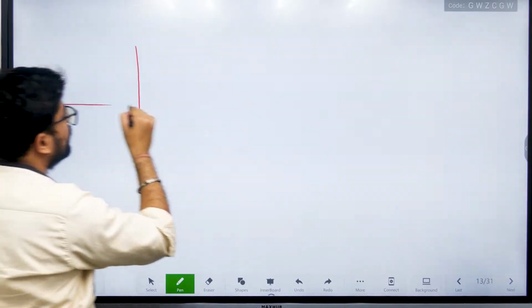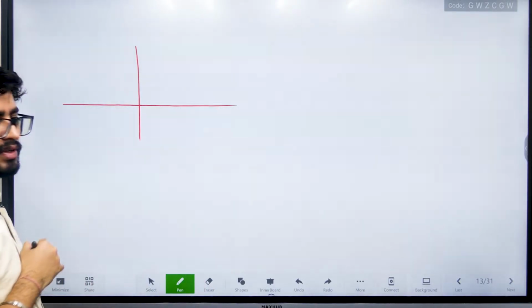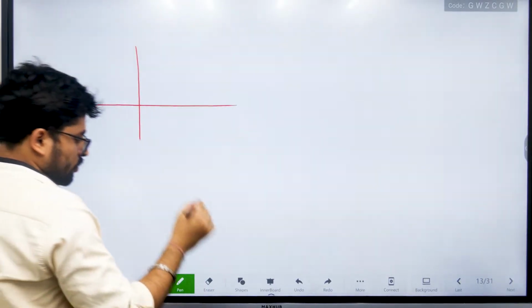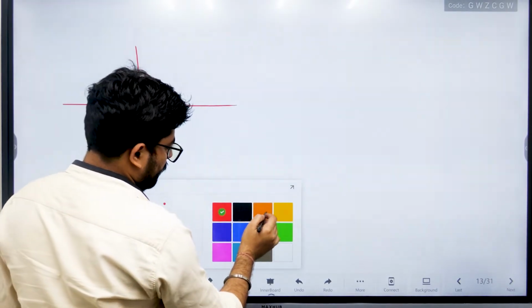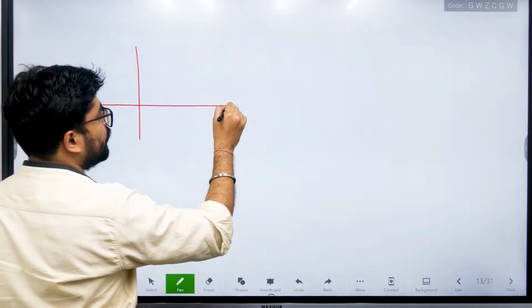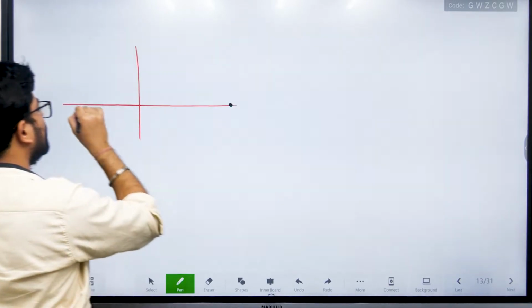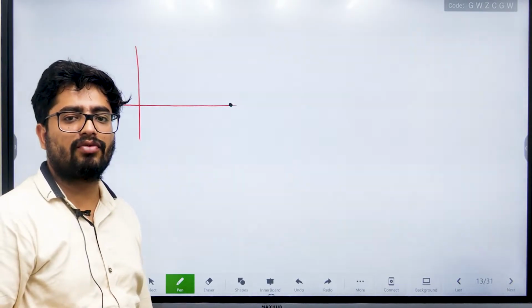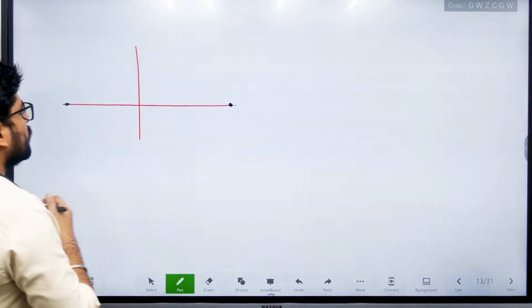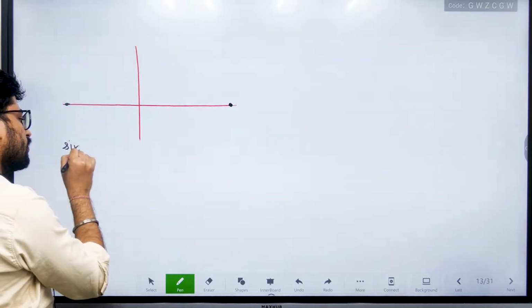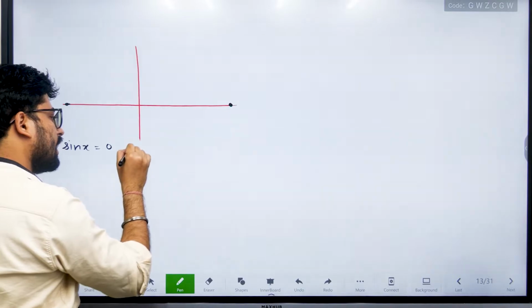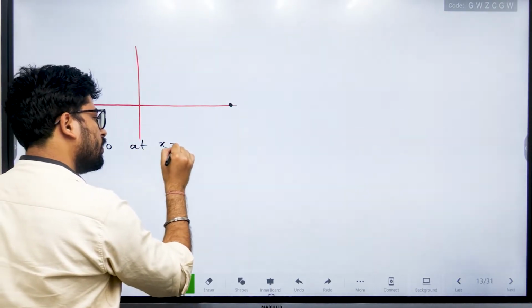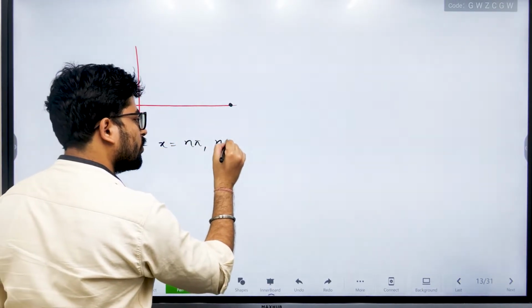So now, if you observe your first, second, third and fourth quadrants, sin is 0 at these values, that is pi, 0, 2 pi, 3 pi, 4 pi. So you can say sin x is 0 at x equal to n pi, where n belongs to integer.